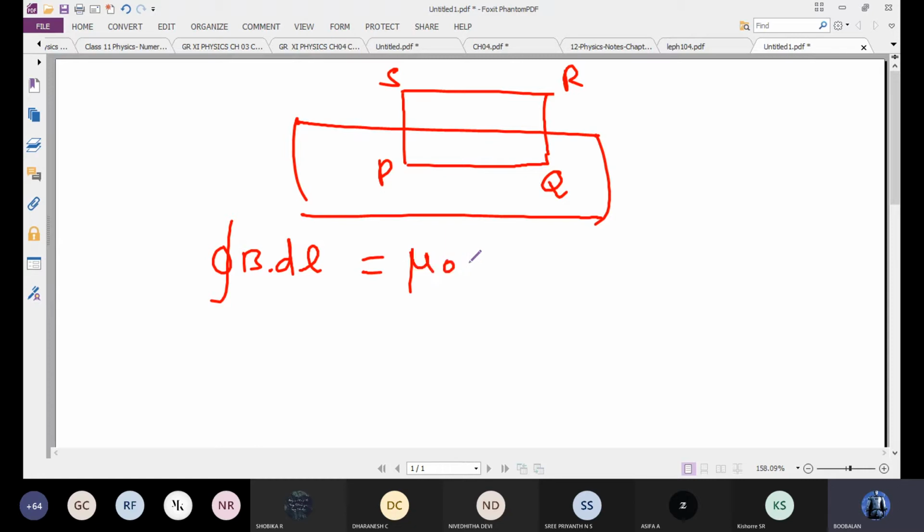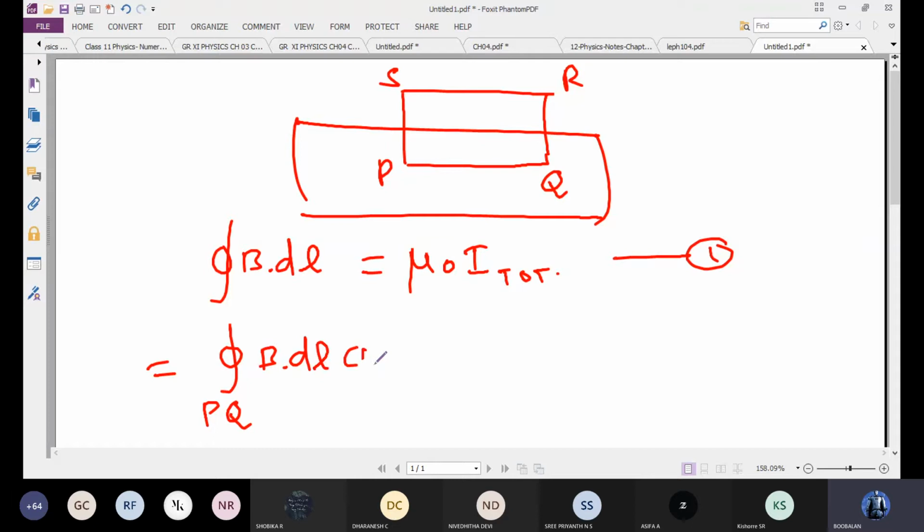So finding B dot dl for every side. First, closed integral P to Q of B dot dl cos theta. This is A and this is B. B and dl are in the same direction, so the angle is 0 degree.